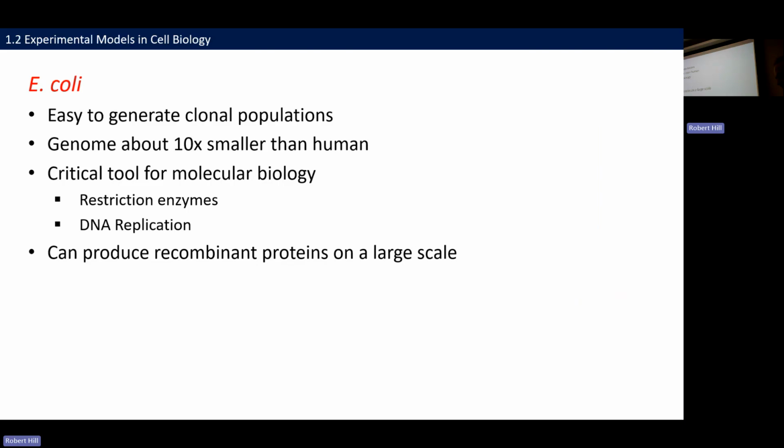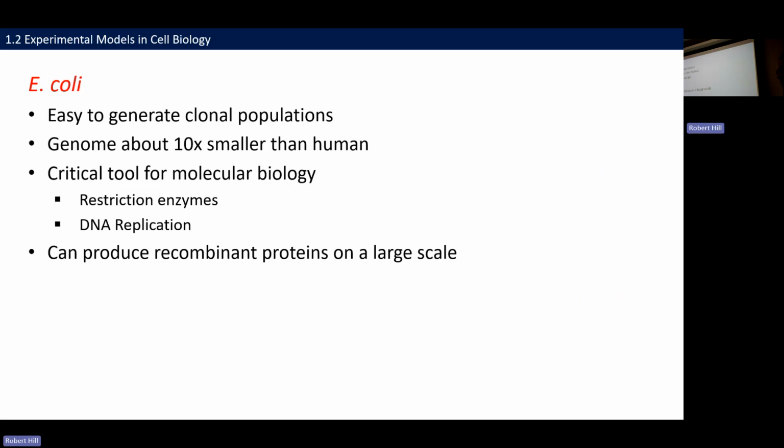And in order to study this string of hundreds of thousands of letters, you need to be able to cut it up into smaller pieces. There are molecular scissors, enzymes found in bacteria that do that. They cut DNA in predictable manners at specific sequences, and they're called restriction enzymes. That's almost your first step into breaking it down into a manageable size that you can study and now analyze the sequence.